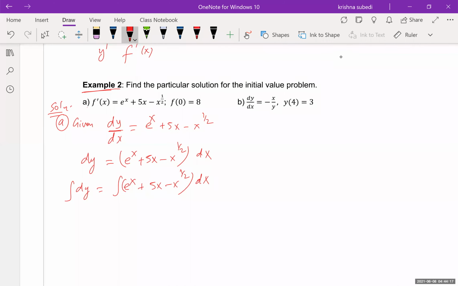So the integration of dy is simply y. Integration of e to the x is e to the x, plus 5x squared over 2, minus x to the 3 over 2, and this is 3 over 2, but if I flip it, I'm going to get 2 over 3, plus c. This is called a general solution.